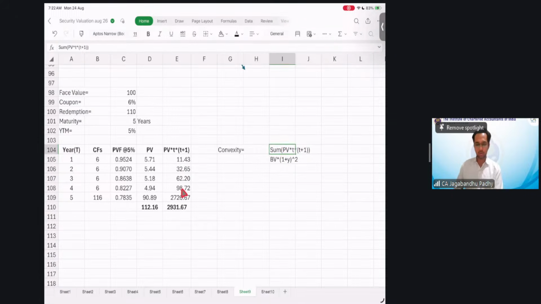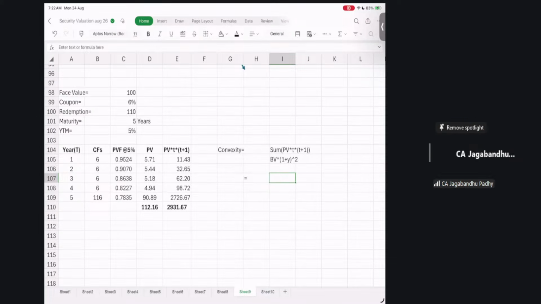PV into T into (T plus 1) will be this, bond value is this, and current YTM is anyway 5%. You just substitute in this and give me the convexity value, guys.